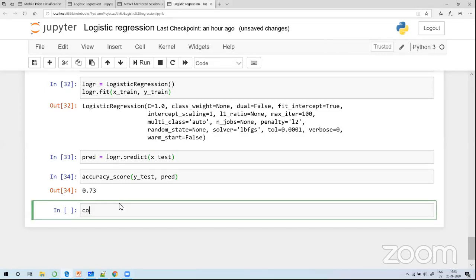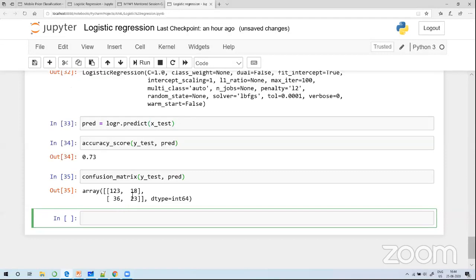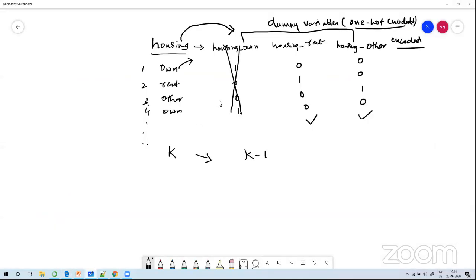Another way to look at the results is something called a confusion matrix. Again, actuals is y_test and your predictions is pred. So this is called a confusion matrix. The confusion matrix is a very typical one. Let me explain that. We have our actuals y and we have our predictions. Our actuals are going to take values like no, yes.